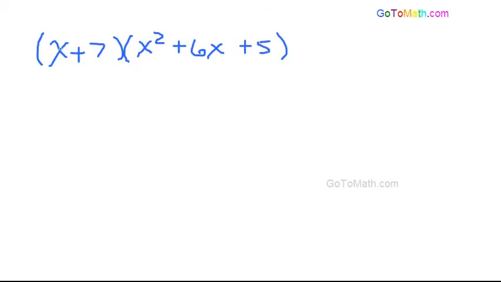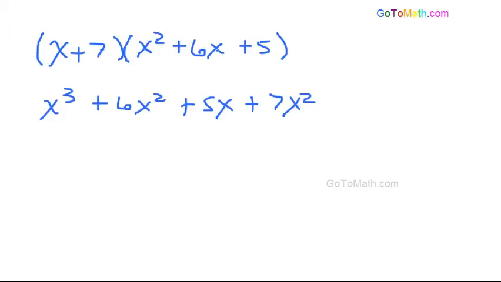Alright, so what we're going to want to do is multiply x times x squared, so that's going to give us an x cubed. x times 6x, that's 6x squared. x times 5, that's 5x. 7 times x squared. And then 7 times 6x, that'll be 42x. And then 7 times 5 is 35.